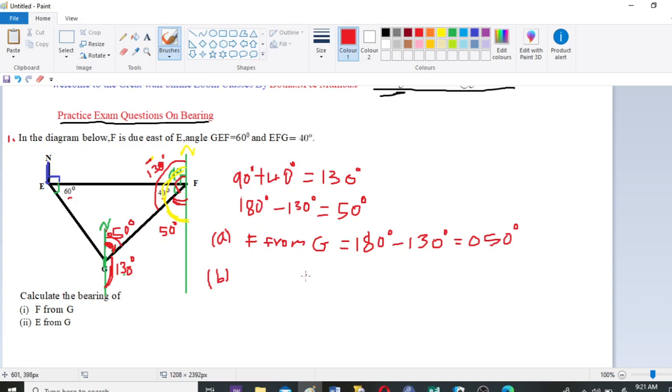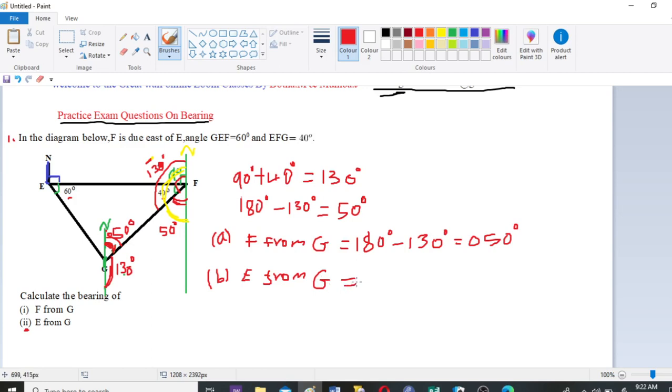Okay, let's answer now question B, that is 2, this one here, E from G. Now we need E from G, right? How are we going to solve this one?